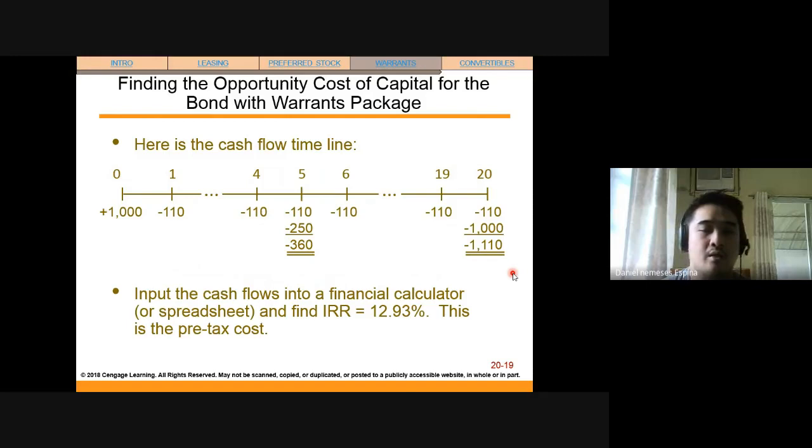So the IRR is 12.93. This is actually equivalent to the effective interest rate. So the cost of issuing the bonds with warrants package is 12.93.